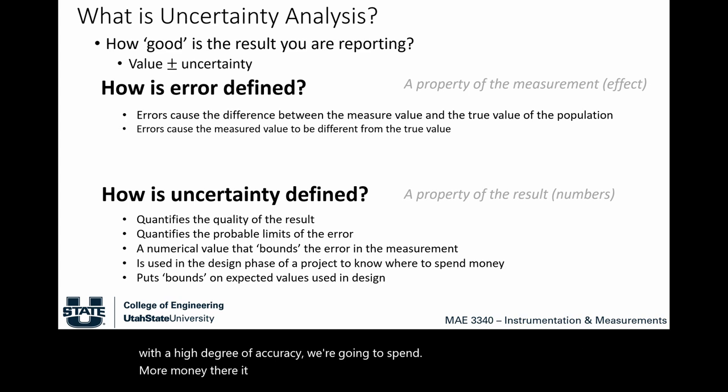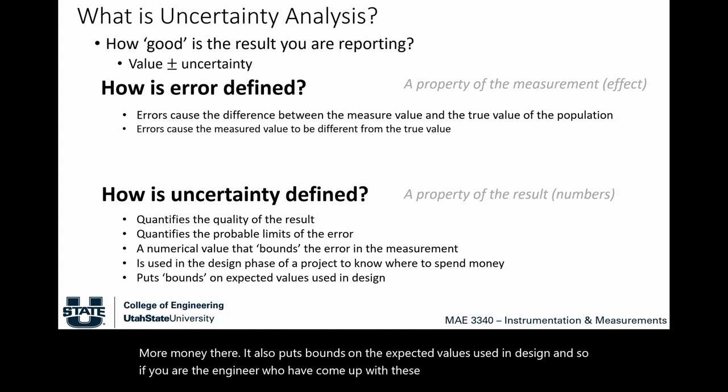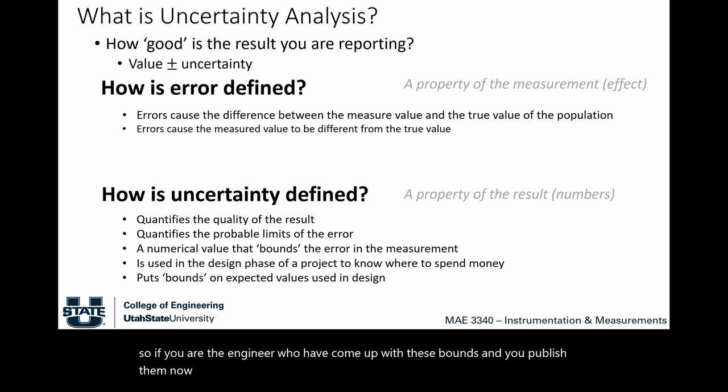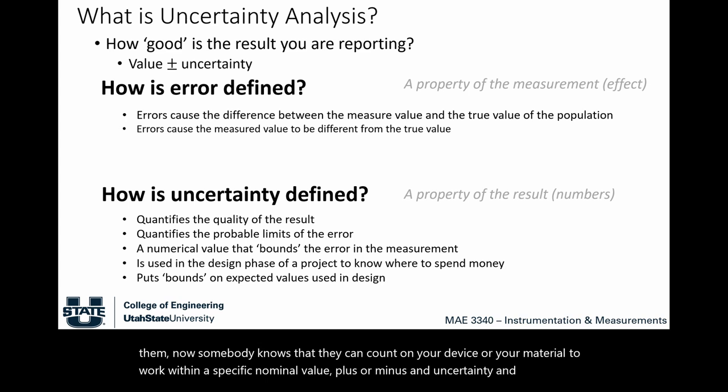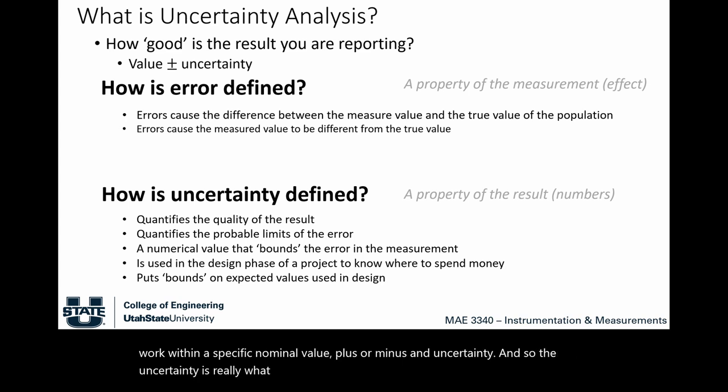It also puts bounds on the expected values used in design. And so if you are the engineer who has come up with these bounds and you publish them, now somebody knows that they can count on your device or your material to work within a specific nominal value plus or minus an uncertainty. And so the uncertainty is really what we're driving for in this class.